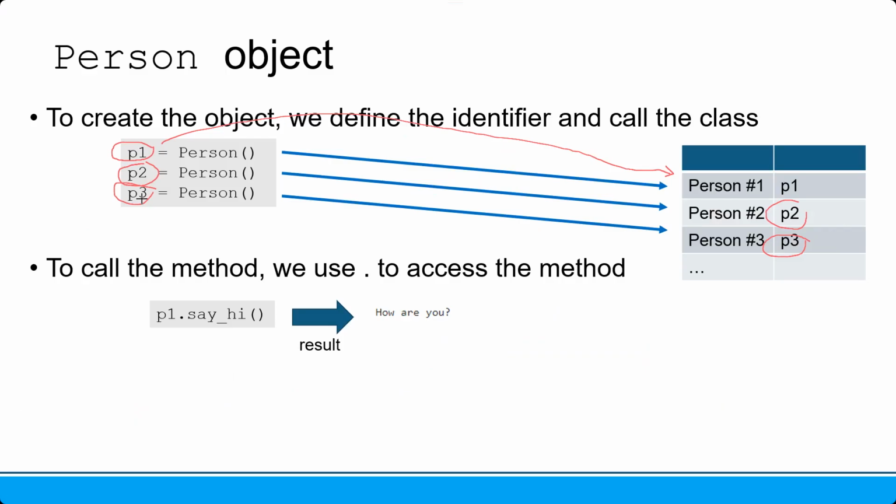And we have 10 instances, or we have 10 objects, or we have 10 persons. And then whenever we call the method, we need to use dot. Dot means we have the person name is P1 or the object name is P1. So P1 dot say hi. Then the result will be how are you?